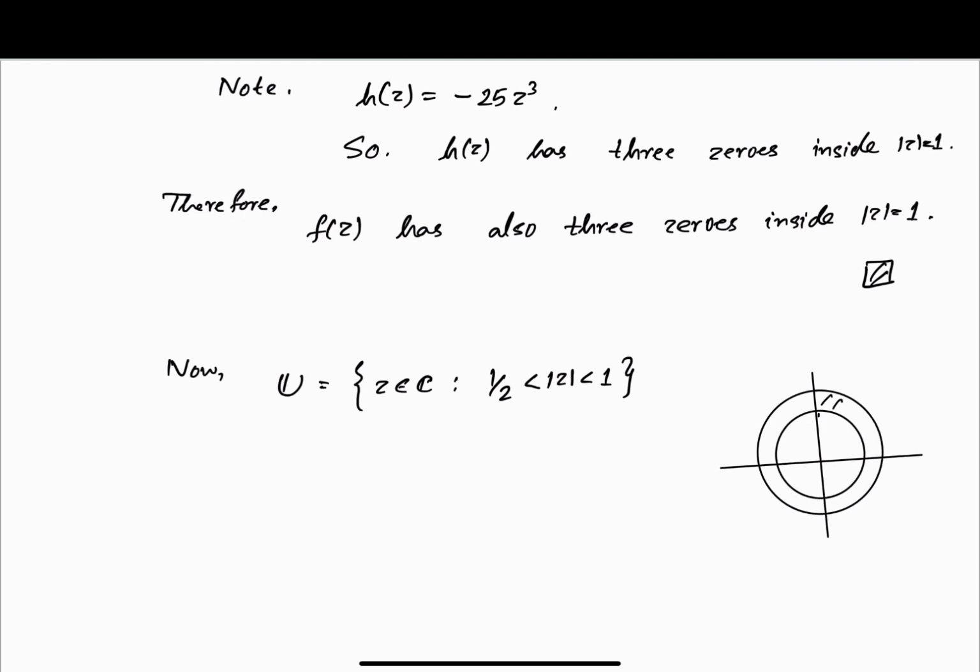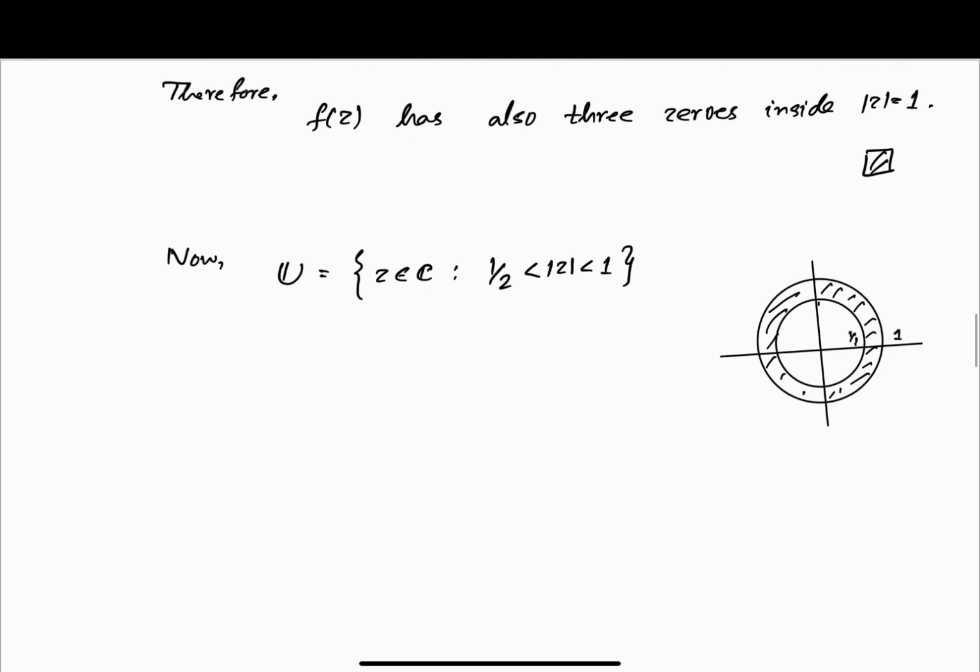So this is the annulus between half and 1. We have found that F has 3 zeros inside the unit disk, but we have to find how many zeros are inside this annulus. So we will again use Rouche's theorem for mod z equals half, and see how many zeros are inside mod z equals half.